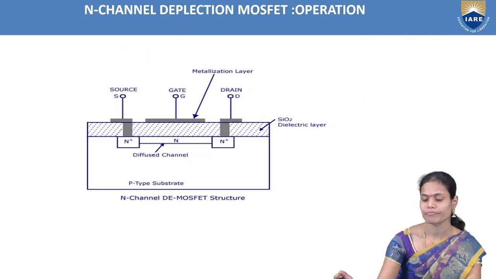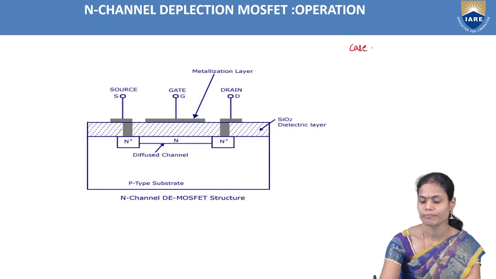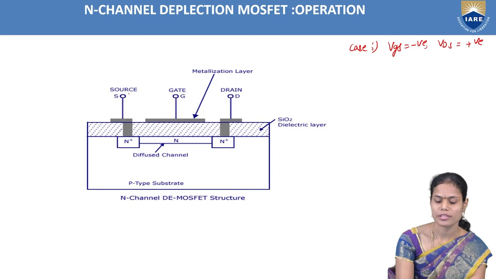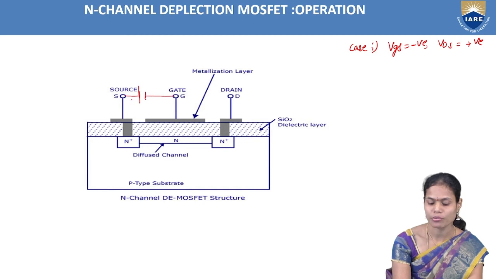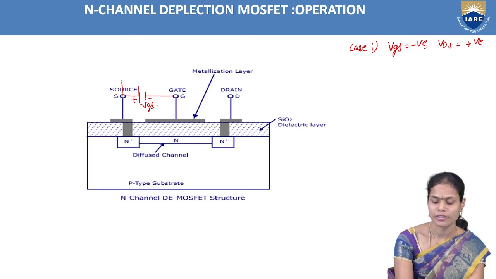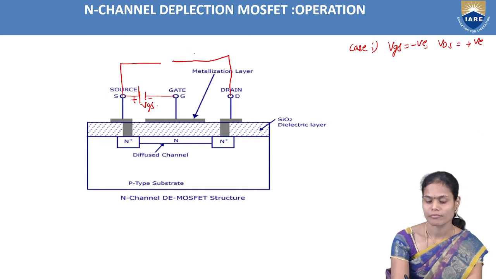Similarly, if you take case 2, VGS is a negative voltage and VDS is a positive voltage. Between gate and source we are providing the negative VGS voltage, and between drain and source we are providing the positive VDS voltage.